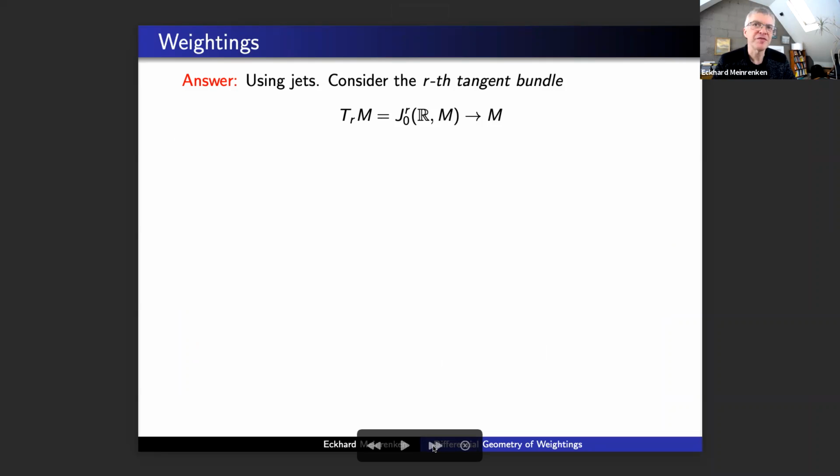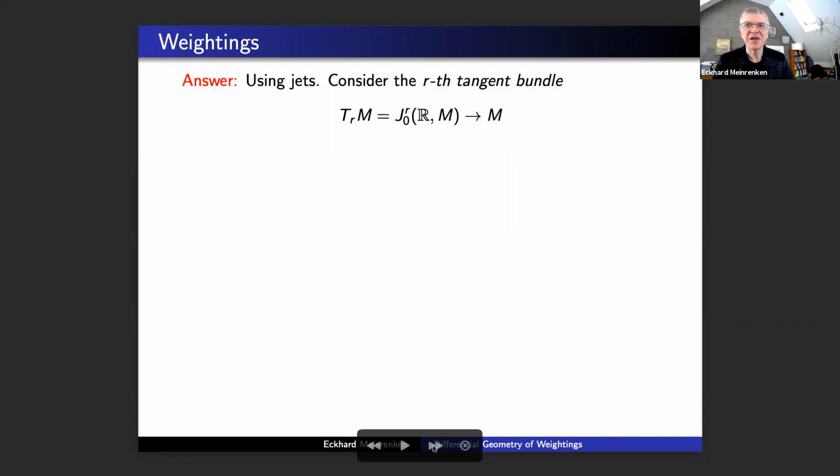So this is the fiber bundle consisting of r-jets of curves. Basically, if you write local Taylor approximations, then it's the rth order Taylor approximation of curves inside M. One thing I should warn right away, if you're not familiar with these higher tangent bundles, is that they're not vector bundles.